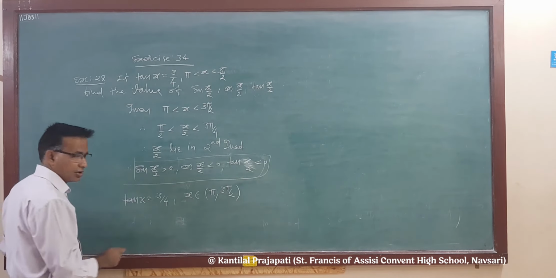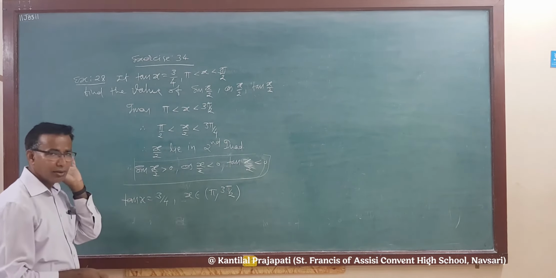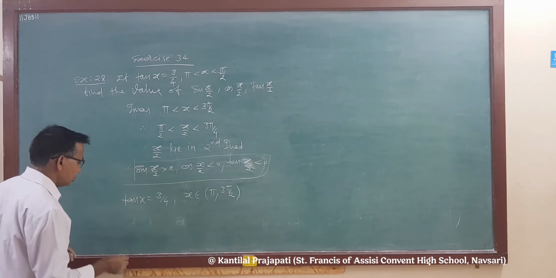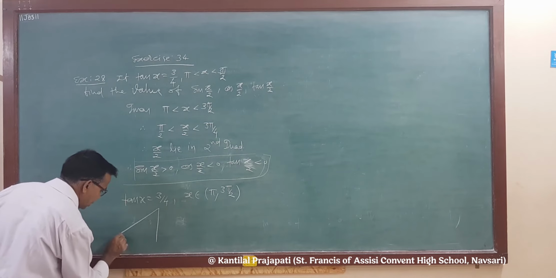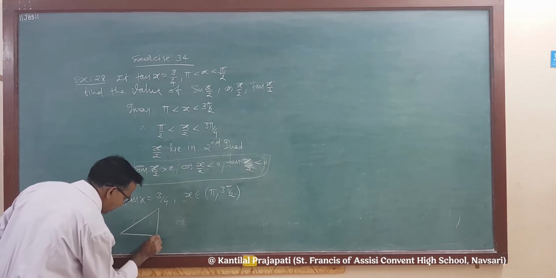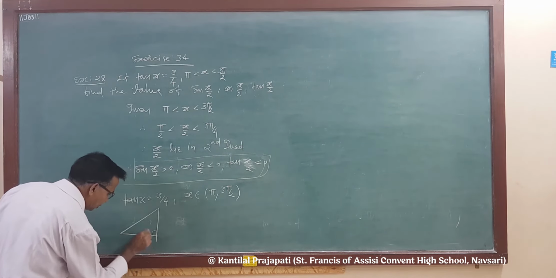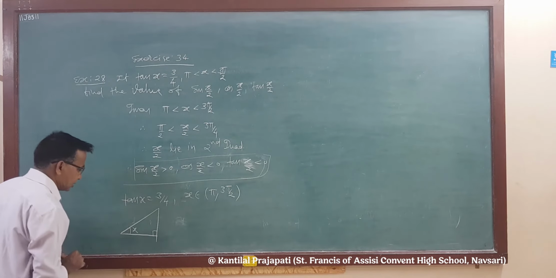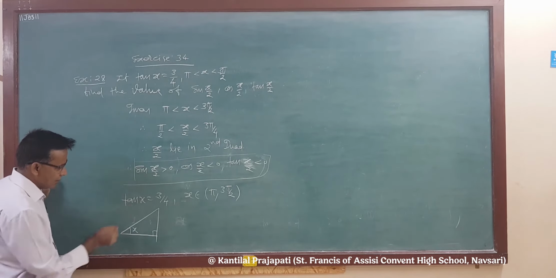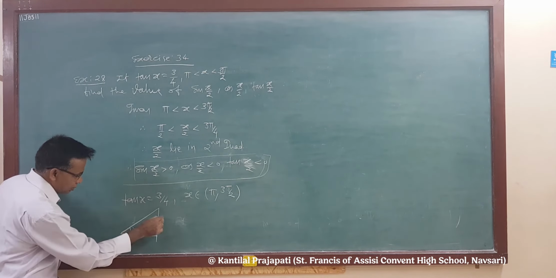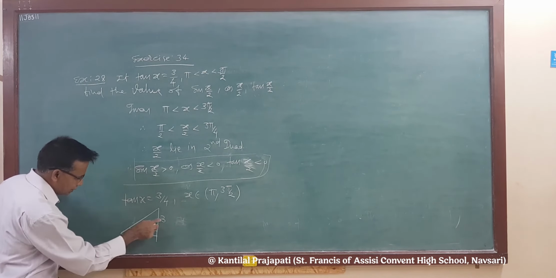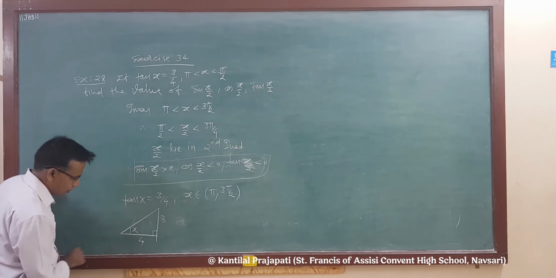No value is given, so we always use the ratio of the lengths of the sides of an acute right angle triangle. Suppose this angle is x. Tan x is 3 by 4, opposite upon adjacent. So this side is opposite for angle x, and the adjacent side is this 4.